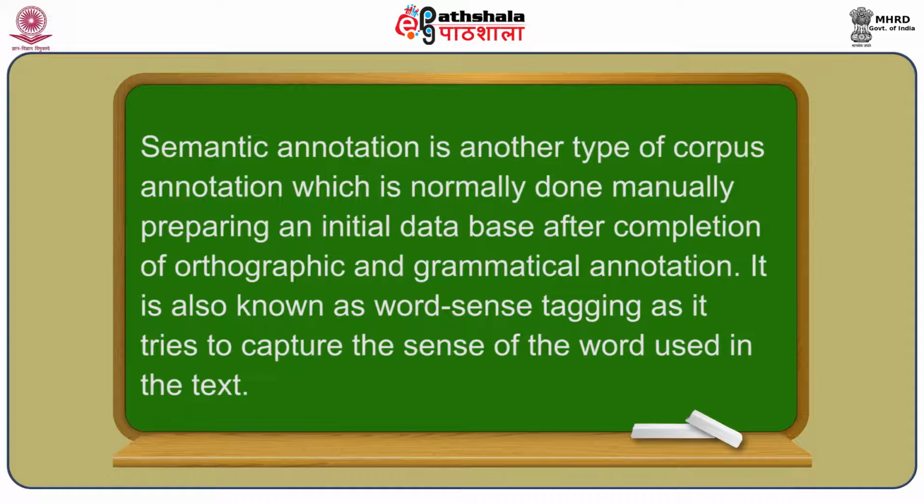So a deeper level of semantic knowledge is being embedded into that. Semantic annotation tries to identify the meaning of the word used in the text. It also wants to assign the exact sense the word is denoting in the text.